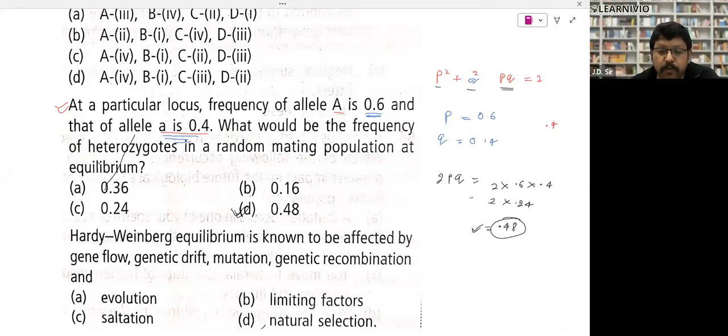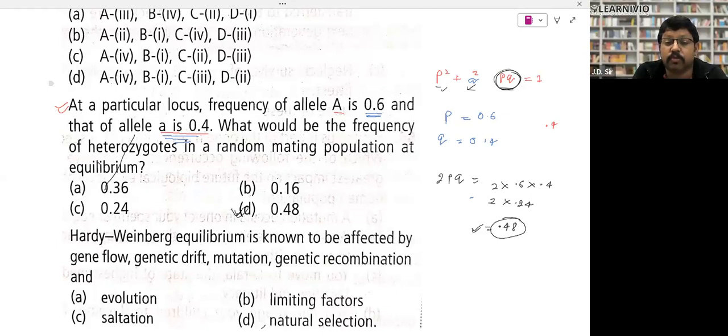So 2pq means they are talking about the heterozygous. So 2pq will be 2 into 0.6 into 0.4. The answer will be 0.48. So that is the answer. That's how they ask the question. In some questions, it will be simple mathematics based, right?